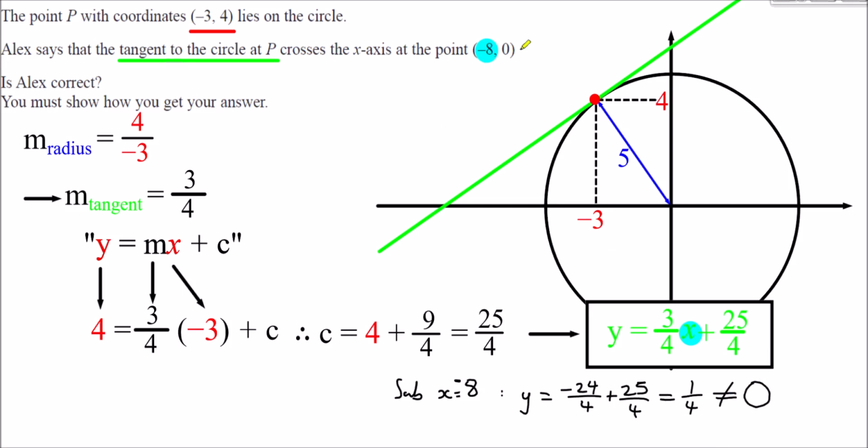So in other words, we've shown that Alex is wrong. When x is minus 8, y is a quarter. So the tangent is actually slightly above the x-axis when x is at negative 8. So therefore, we conclude Alex is incorrect.